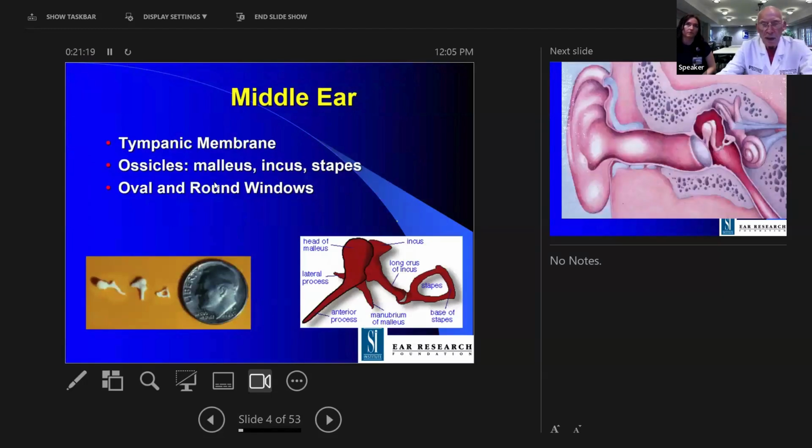So we have the outer ear, which has the pinna of the ear that brings the sound into the ear canal, the external canal here, and the eardrum here. In the middle ear, you have the tympanic membrane and the three ossicles: malleus, incus, and stapes. And then we have two windows, the oval and the round window, and these windows vibrate in response to sound.